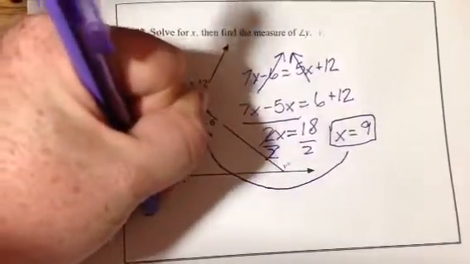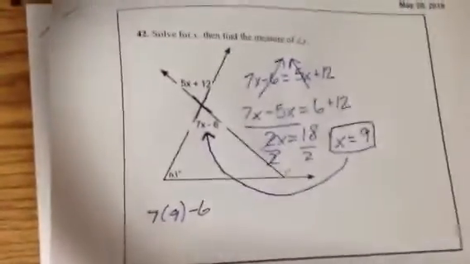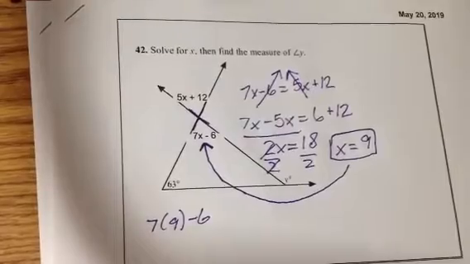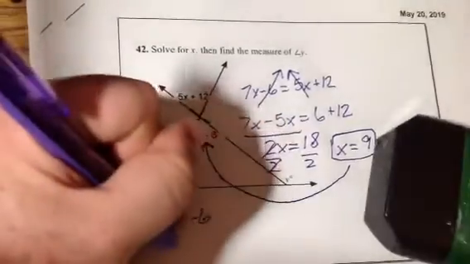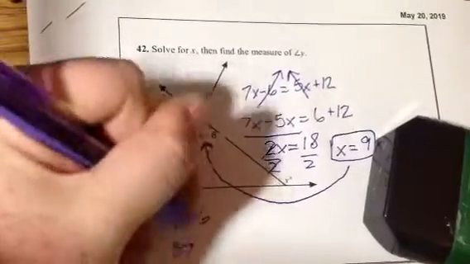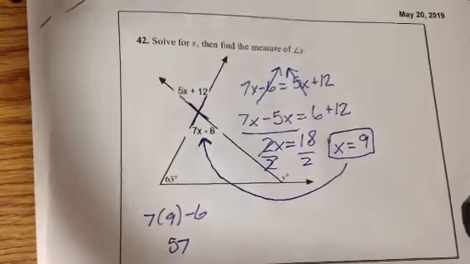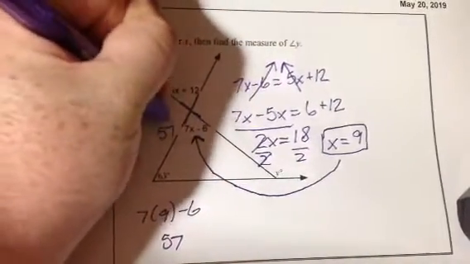We know that x is 9, so 7 times 9 minus 6. Alright, so that's 57. So this angle right here is 57.